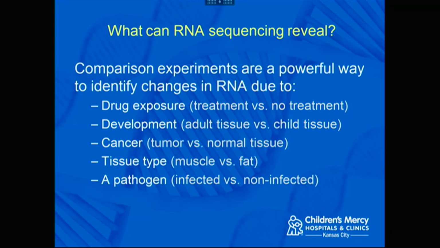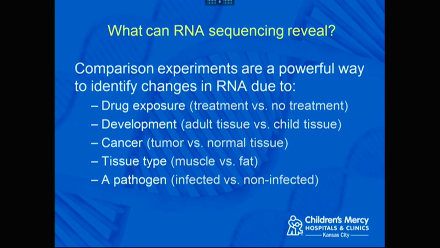Okay, so the real power of RNA-seq comes when you do comparisons between two different conditions. This allows you to see just what changed in the RNA. For example, if you have a cell line, you could expose some of the cell line to a drug and have a control as another set of cell line, compare them and see which genes went up and down.